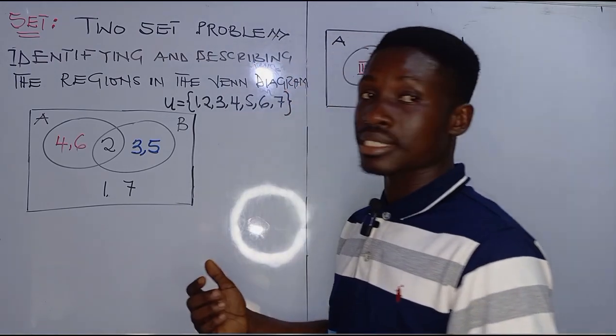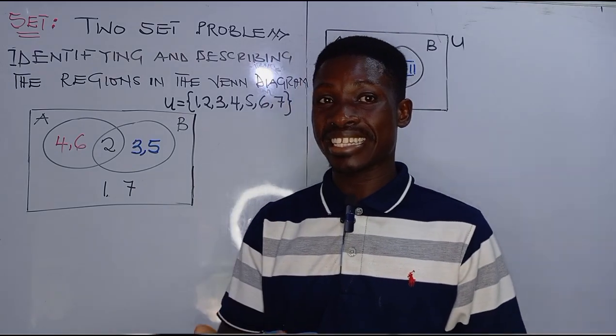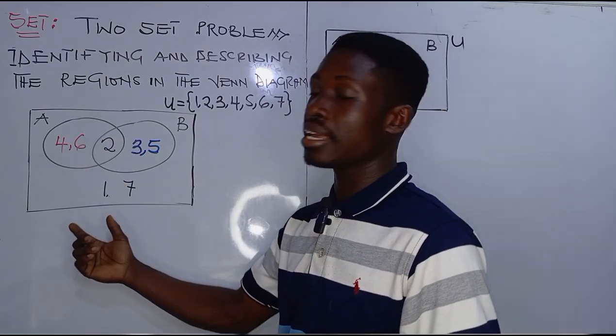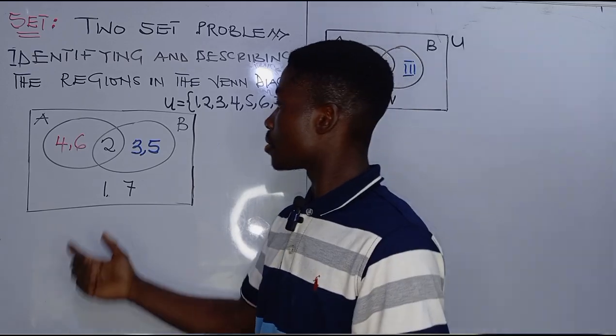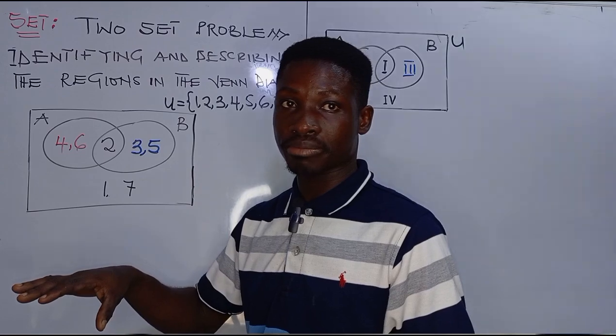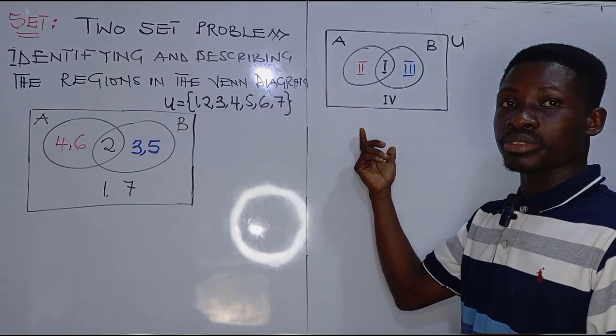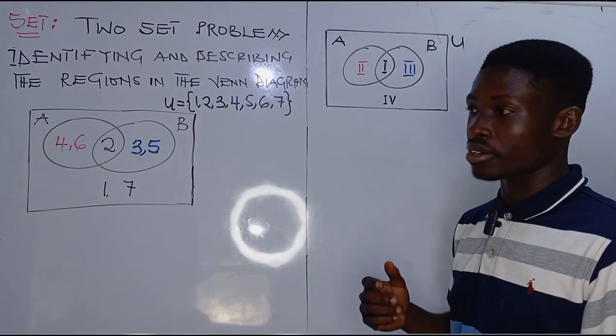Now, I believe that at this stage, each and every one of us can represent sets on the Venn diagram like this. Good. So this Venn diagram here is going to serve as a guide to enable us to describe the regions within the Venn diagram.